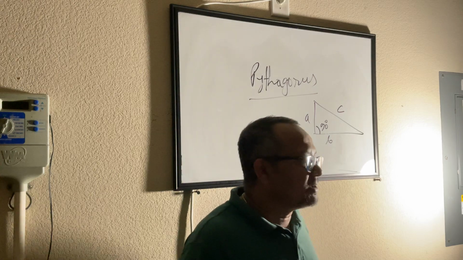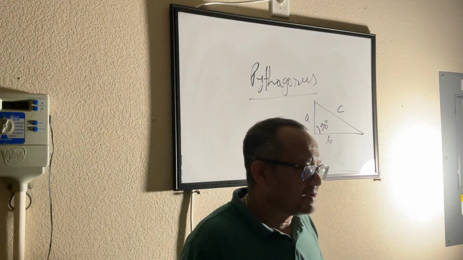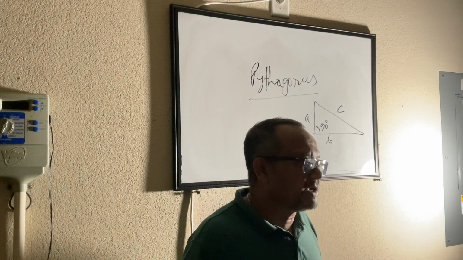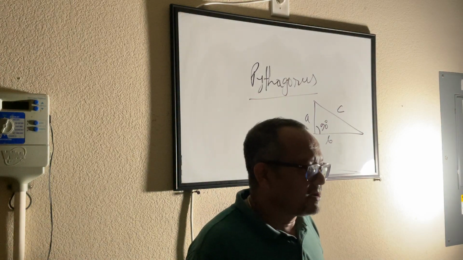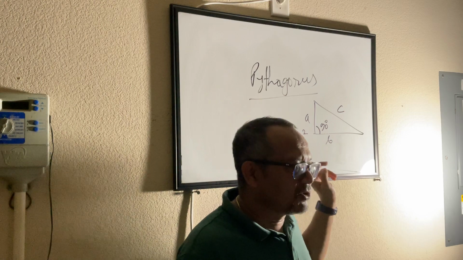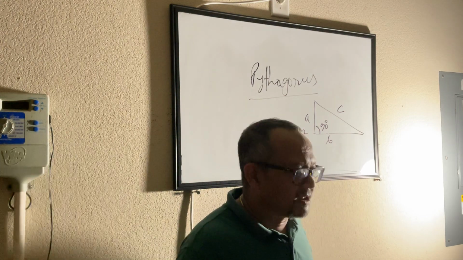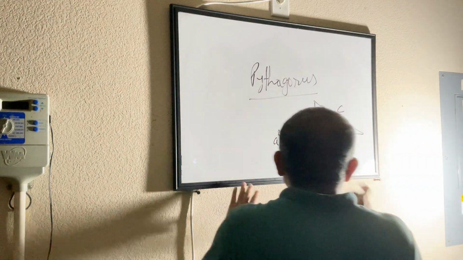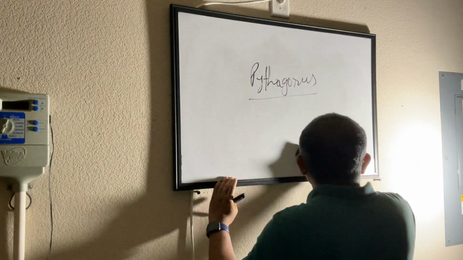The concept of similarity has derived this formula. It's not that Mr. Pythagoras was sleeping and then got a good dream and after he woke up he wrote this formula. It was derived mathematically, and that's what we look at right now. So the Pythagoras theorem is based on the concept of similarity.